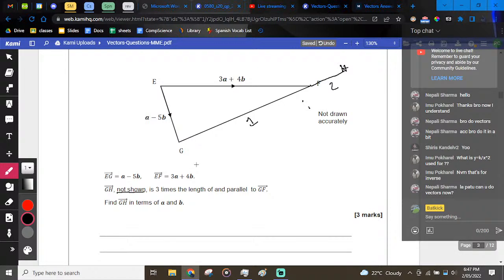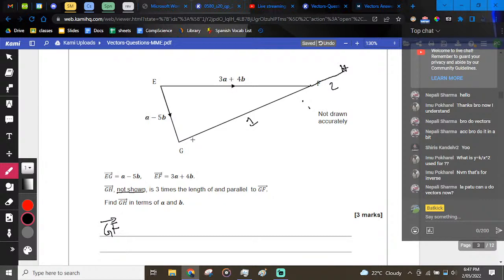They're the ratio of that, because the total length is 3 times longer than G to F. Find G to H. First we're going to find G to F, so we can multiply it by 3 later.